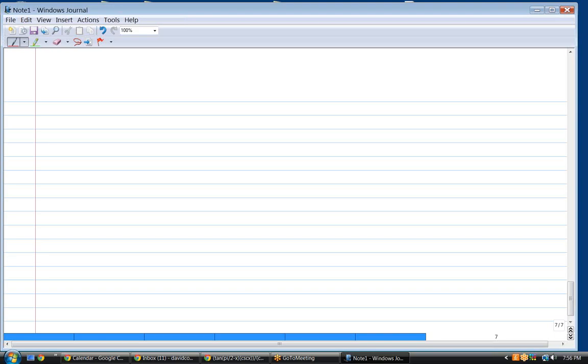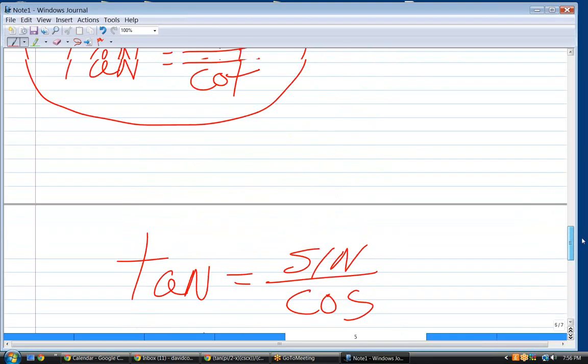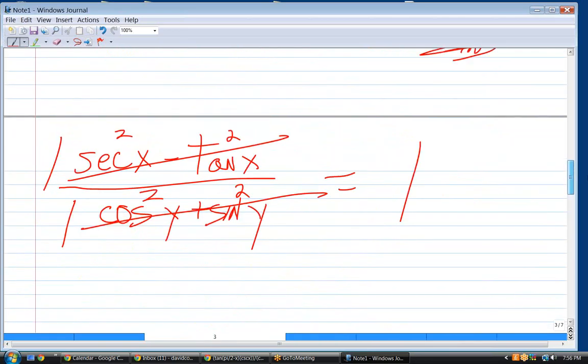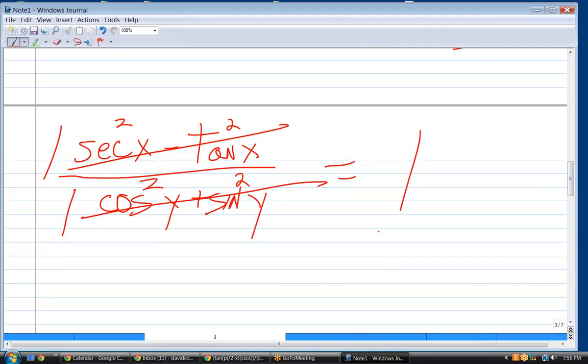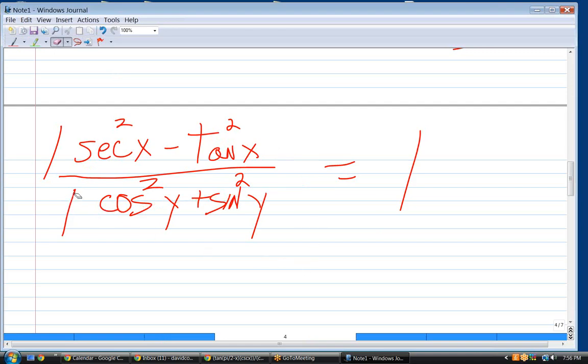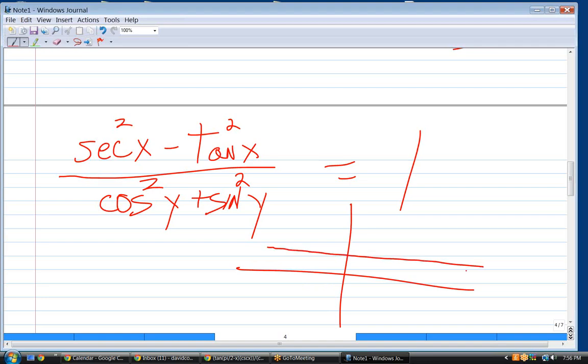Okay, so what's the next problem you have? On the last problem, when it wanted us to graphically verify that, what would the graph of that look like? Would that just be a straight line at 1? Yeah, that's exactly what it would be, a horizontal straight line at 1.